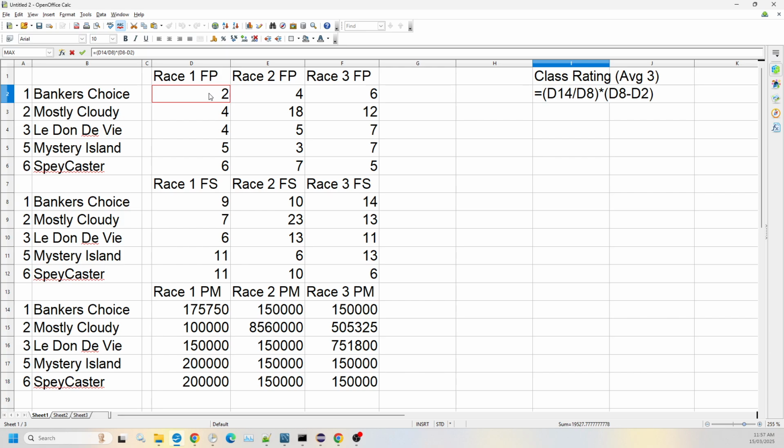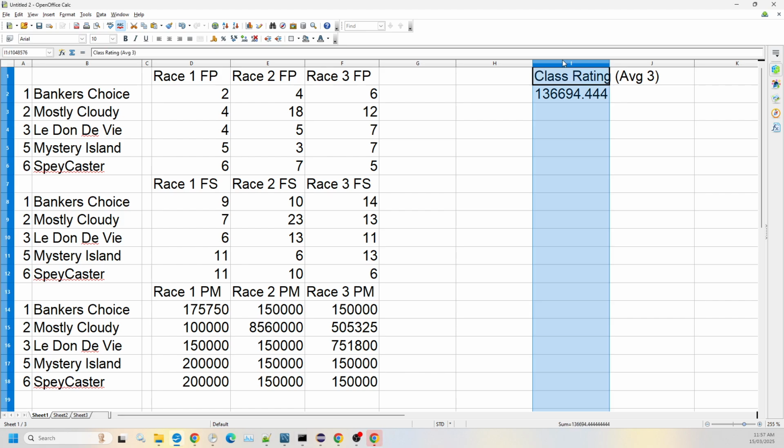All right, so it will essentially give us a number there, and for this one, Banker's Choice has got a rating of 136,694. So we're basically saying that's the class number for that race that this horse achieved.